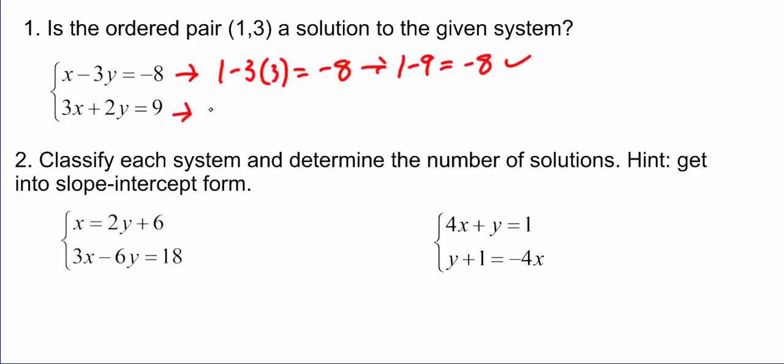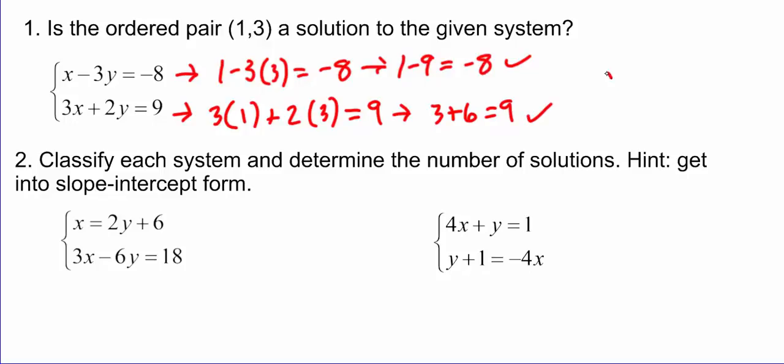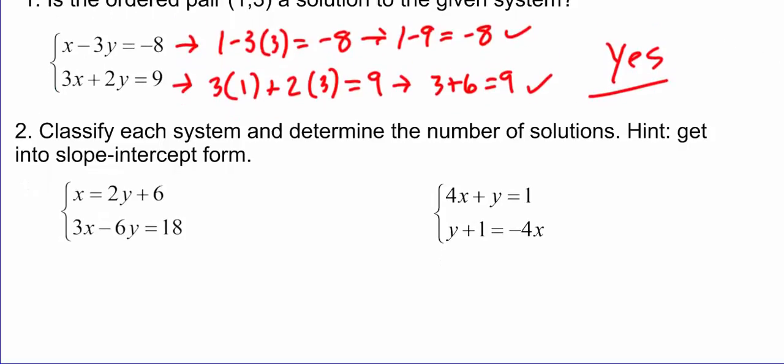I do still need to test the second equation, so I'll have 3 times 1 plus 2 times 3 equals 9, and that's what we're trying to test. That's 3 plus 6 equals 9. That is also true, so the answer here is yes. Again, remember 1, 3 would have to work on both equations for this to be a solution, and in this case we have that, so it most definitely is.